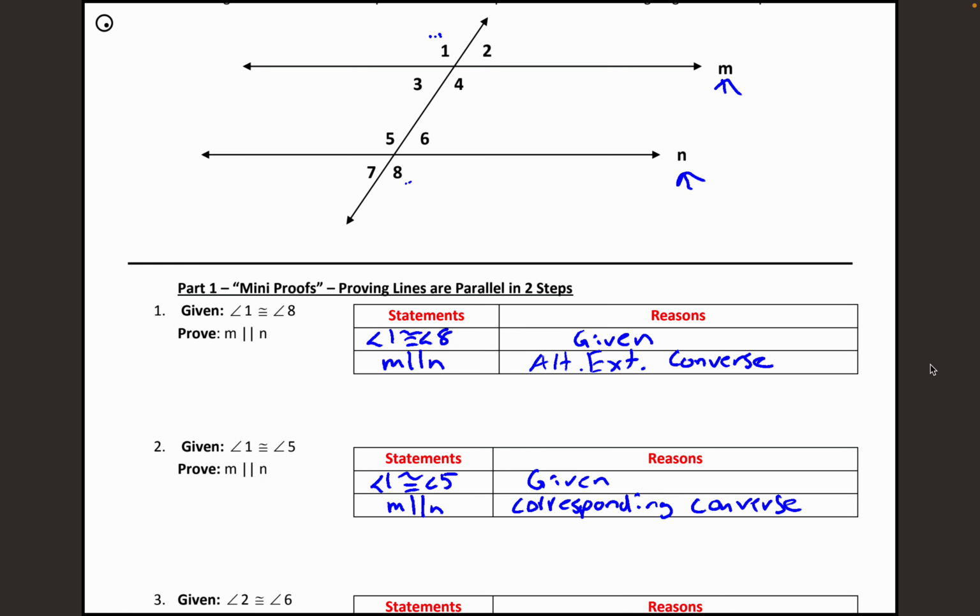All right, I want you to do 3 through 10 on your own. You guys can do these. So do 3 through 10, and we'll check back in like 5 minutes.